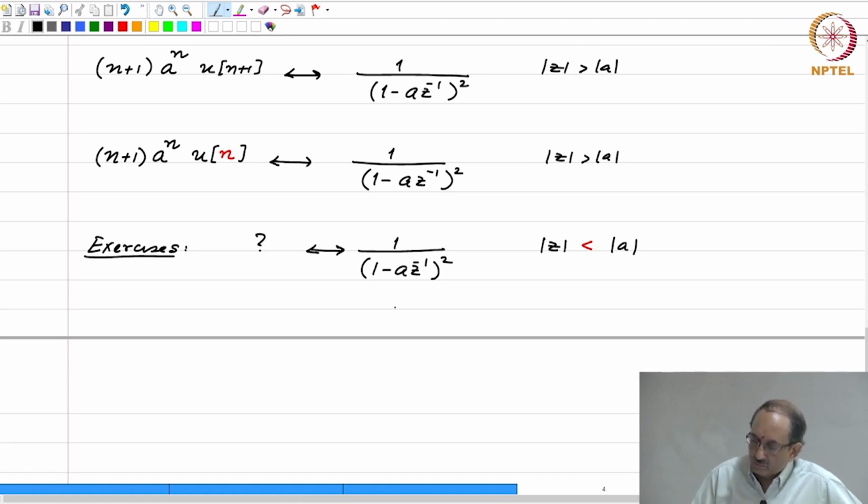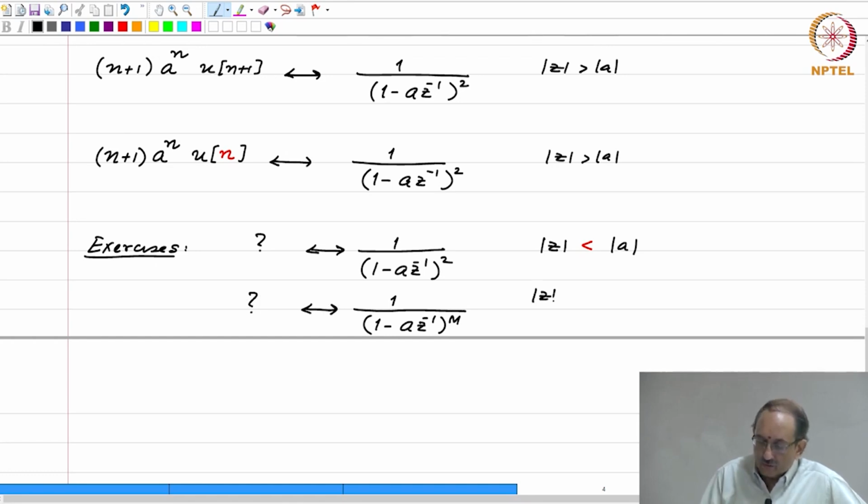You need to figure this out, and then 1 by (1 minus a z inverse) to the power m. Again, two cases here, mod z greater than mod a, mod z less than mod a. For each of these cases, it is important that you derive this. The way you do this is, you apply the differentiation property to 1 by (1 minus a z inverse) whole squared.